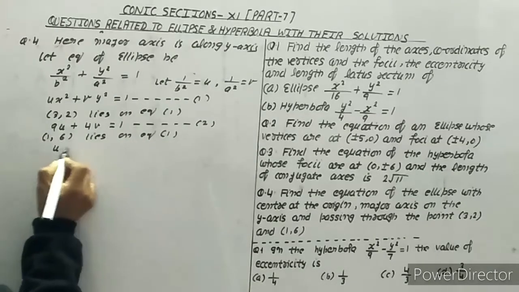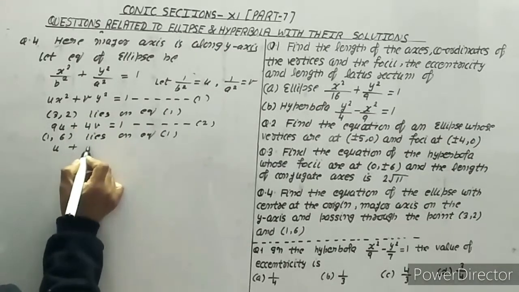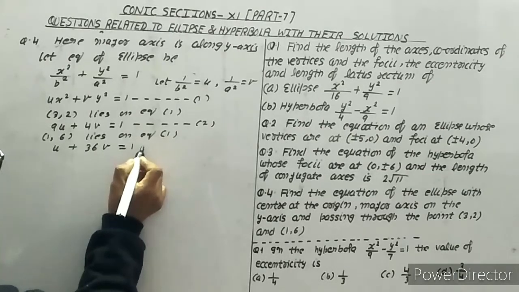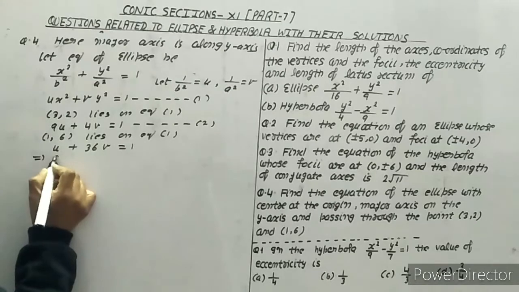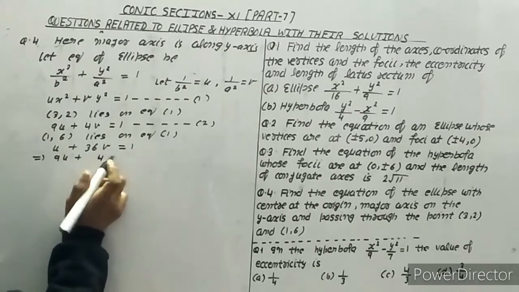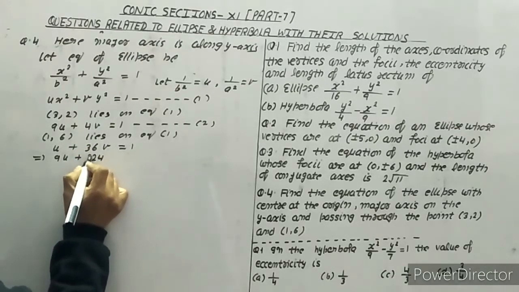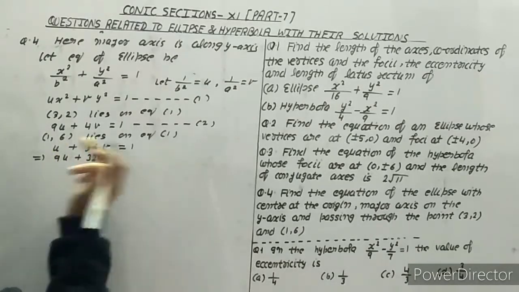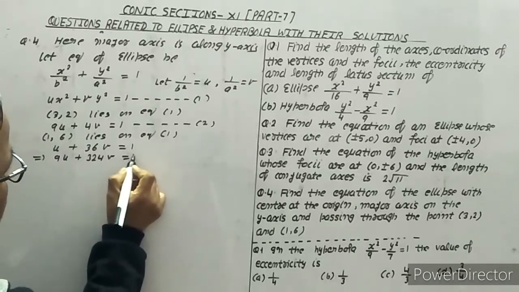Therefore this becomes u plus 36v is equals to 1. Because in equation 2 this is 9u, multiply by 9: 9u plus 9 times 36 is 324v is equals to 9.